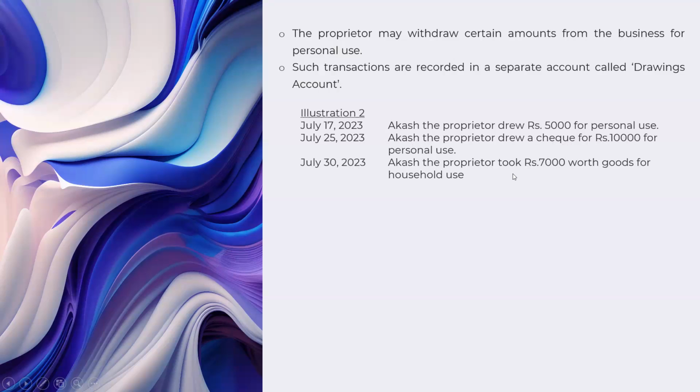That is personal use. All these transactions happen under one single type of account, which is the drawings account. So the owner has withdrawn all three types of cash or cash-worth transactions for personal use.